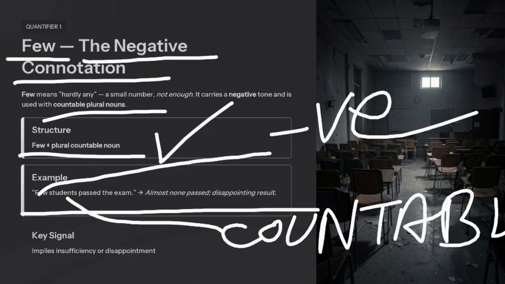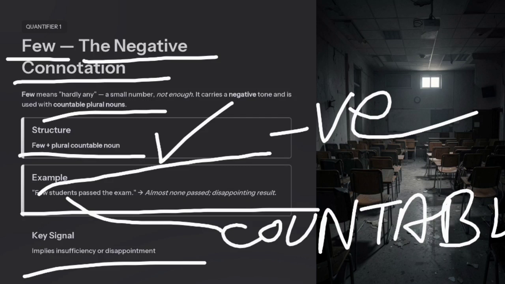So how to understand if a sentence implies insufficiency or a disappointing result, or a very small amount of something which is not sufficient? You have to understand that we should use few. And if the noun is not a countable plural noun, then you shouldn't use few, because few is used with countable plural nouns.